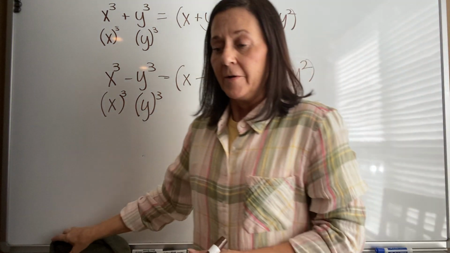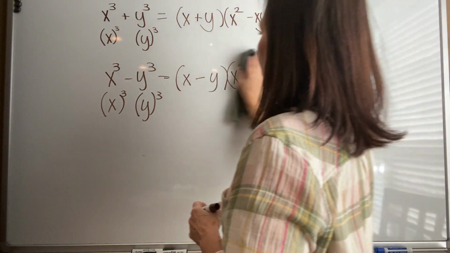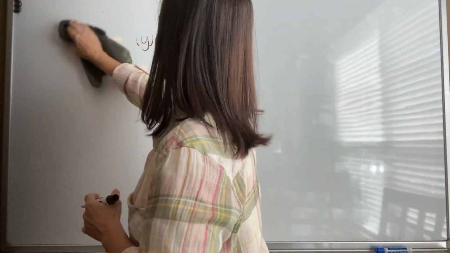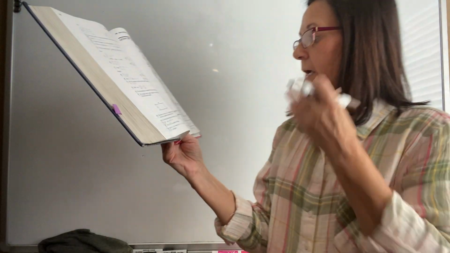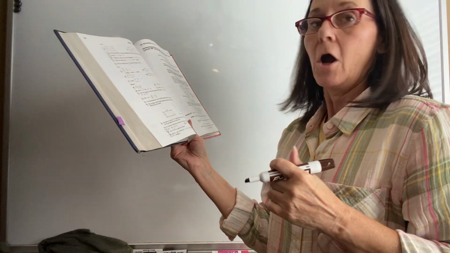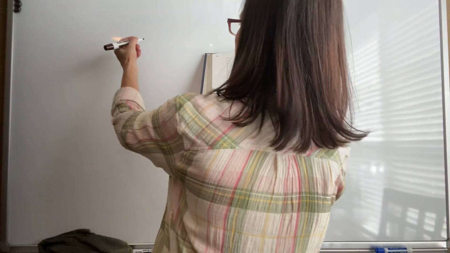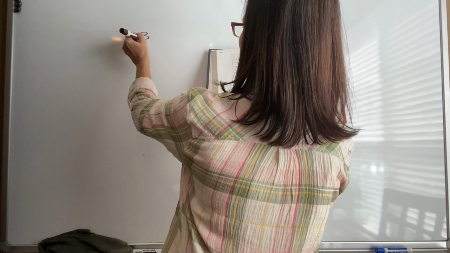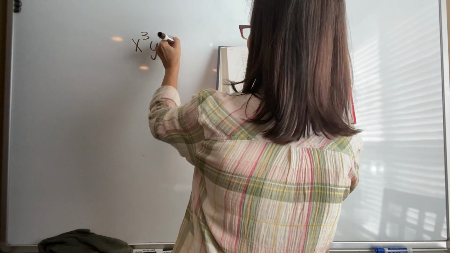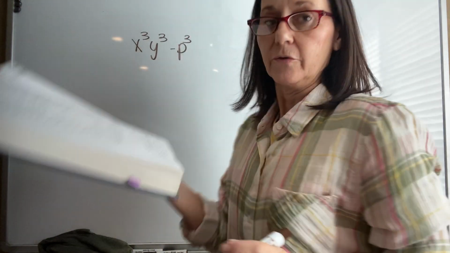Okay, so practice makes progress. So we will work a couple examples. We'll do a couple of subtractions, and we'll do a couple of additions. So we'll start with the subtractions. Look at 108.1 on page 443. It says factor x cubed y cubed minus p cubed.